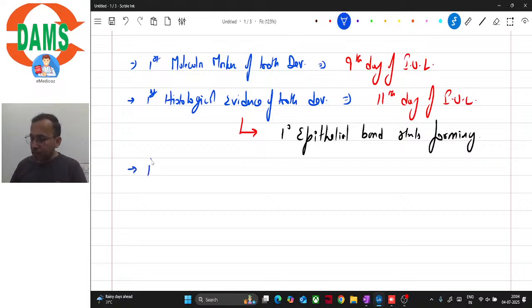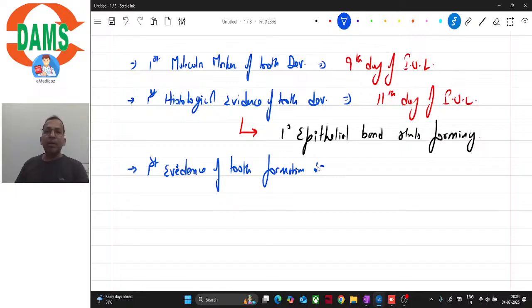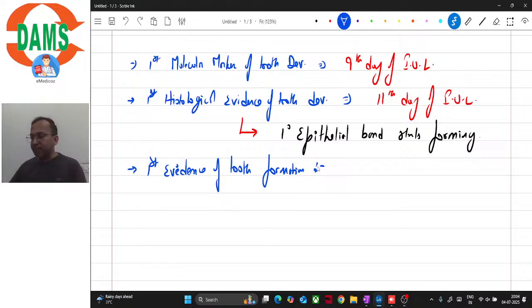It was the first evidence of tooth formation. As you can see here, they have not specifically asked about a histological evidence or a morphological evidence or a radiographic evidence. It's just plain first evidence of tooth formation. So basically it implies the completion of the primary epithelial band, right?